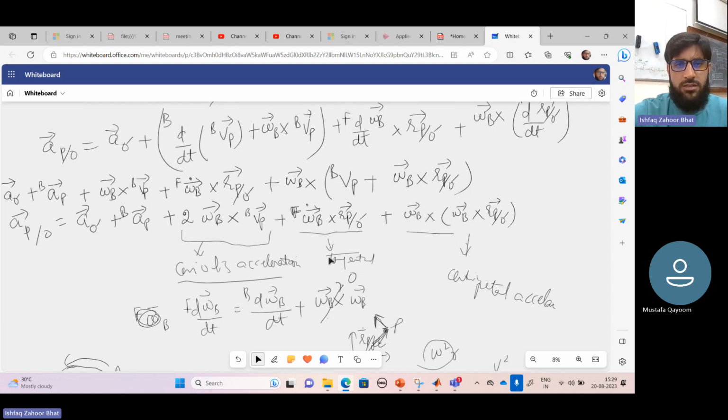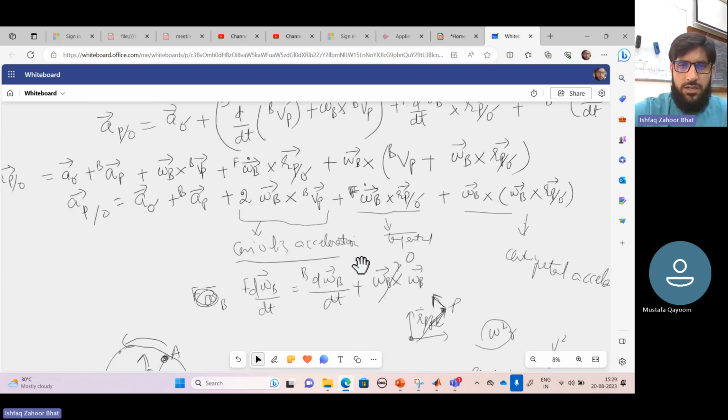And then there was this term coming up, and we call it the Coriolis acceleration, because there are two other terms like this one, and this was the tangential acceleration, which we know about. And this is the centripetal acceleration, but this term is something which we don't know.